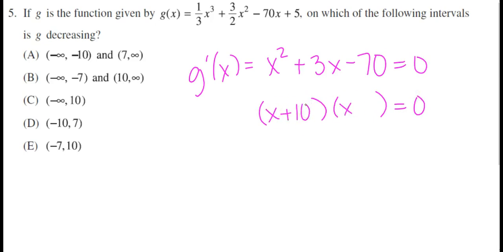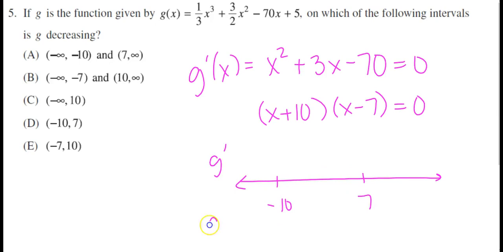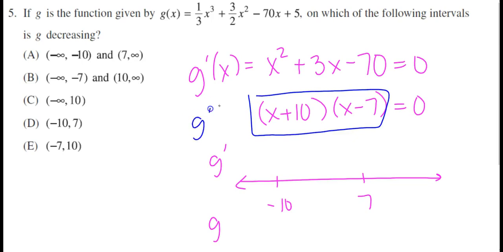So positive 10, negative 7. So my critical points are negative 10, positive 7, g prime, and g. And I want to come back here to find the sign of the first derivative. This is g prime, remember. That tells me the direction of the original.